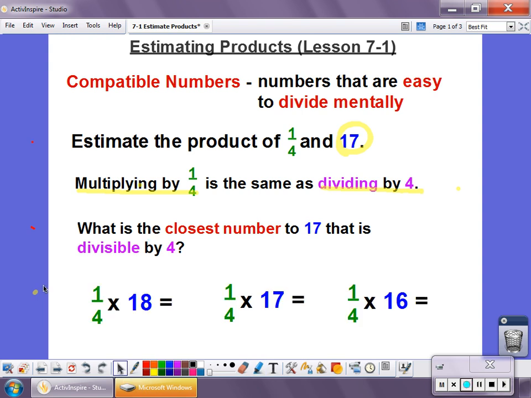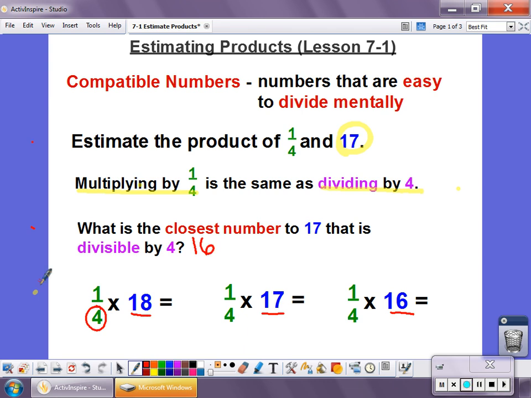We've got some choices. For numbers that are close to 17, we could have 18, we could have 17, we could have 16. But again, the key is we want to find one of these numbers that we can divide by 4 easily in our head. And the easiest one to use would be 16. So the closest number to 17 that we can divide by 4 is 16.